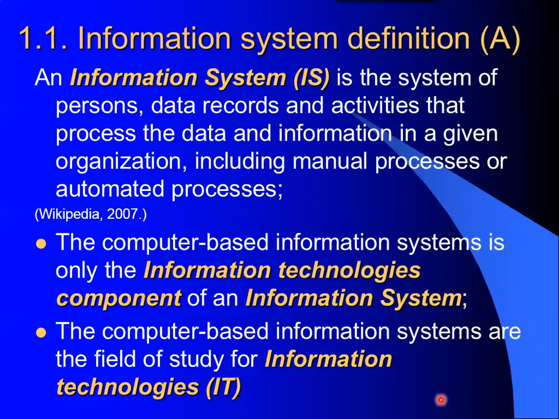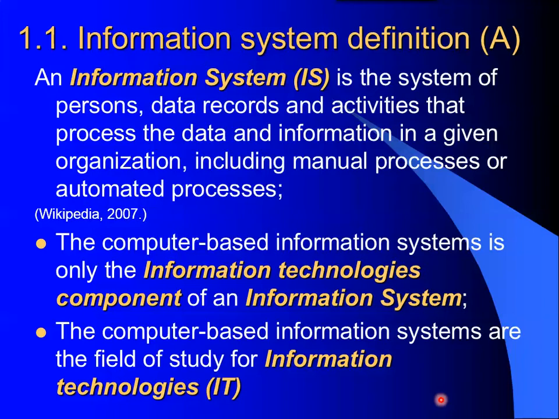As for me, I am interested in computer-based information systems, and their information technology component. Again, an information system is not a computer. It's the information technology component of an information system. It's important to understand this. It's the field of study of information technology as a scientific area.